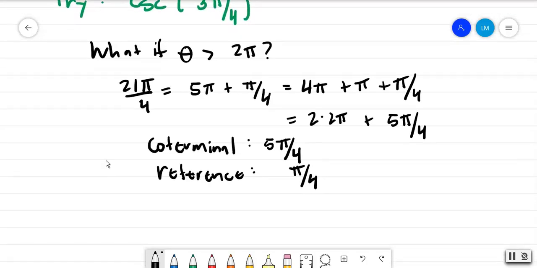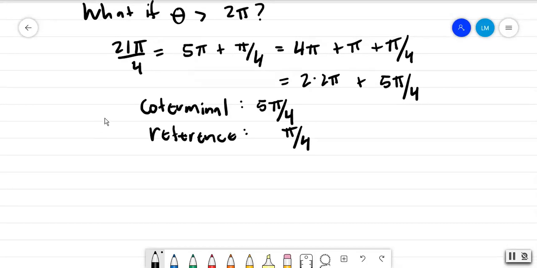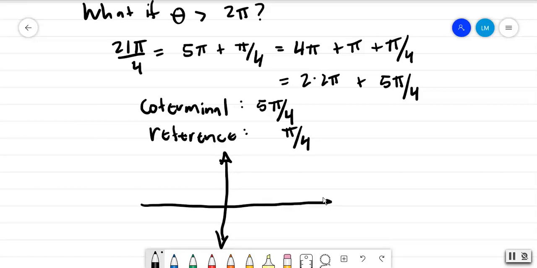Now, if you want to look at what 21 pi over 4 looks like, the angle measure rotated around the circle 2 times. So we have 1, and then we have 2.